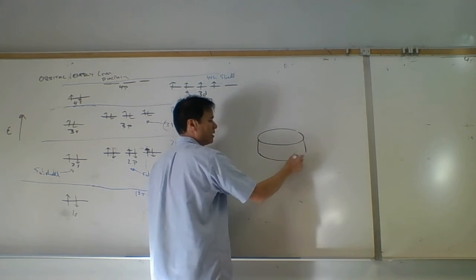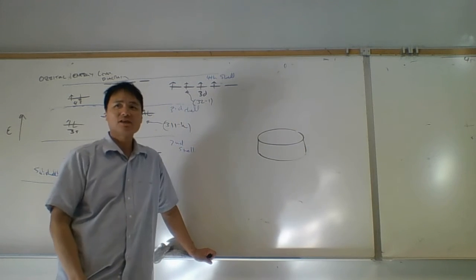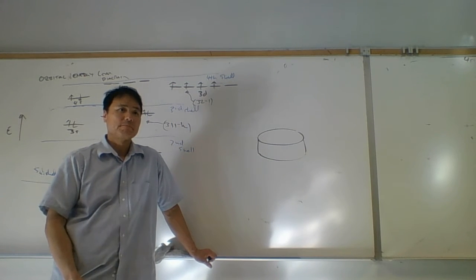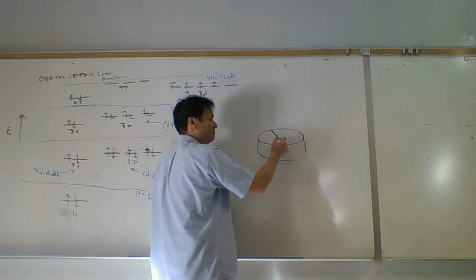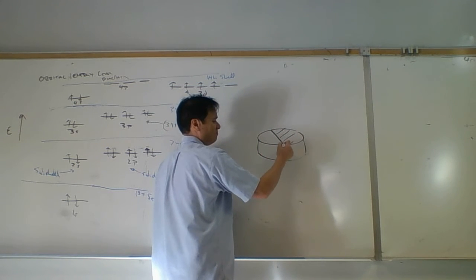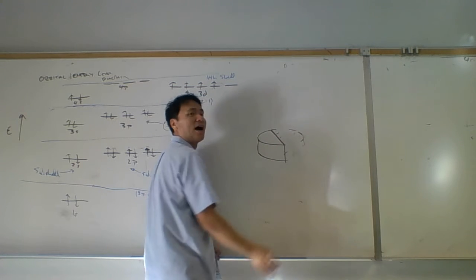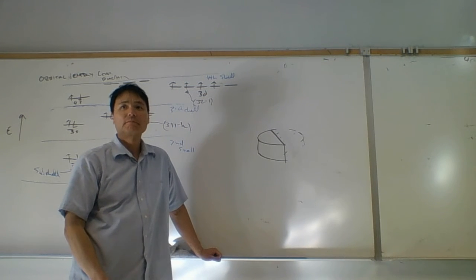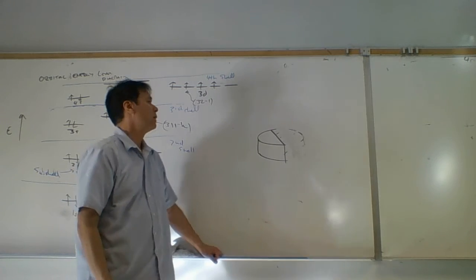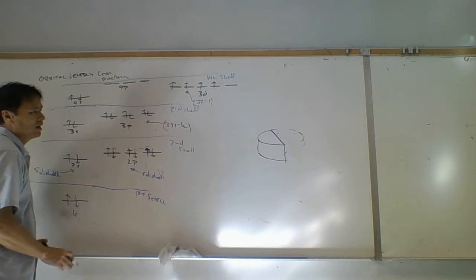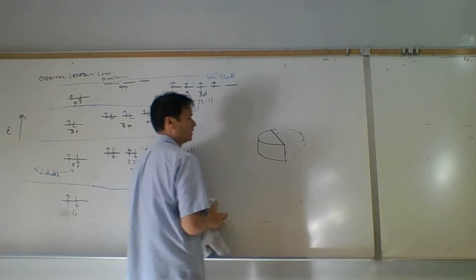Let's say it's a round cake like this. You just cut it down the middle. That's your half a cake, right? But the way we visualize half a cake is different.